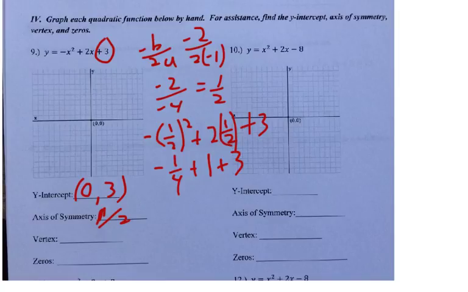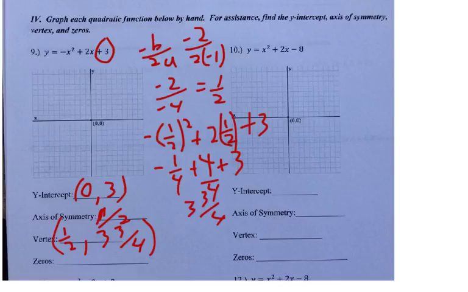So adding those up, the first one's going to be 3/4, because that's really like 1 becomes 4/4. So negative 1/4 plus 1 is 3/4, plus 3 is 3 3/4. So my vertex is going to be that axis of symmetry for my x value, and that 3 3/4 for my y value. And that's always expressed as an ordered pair.